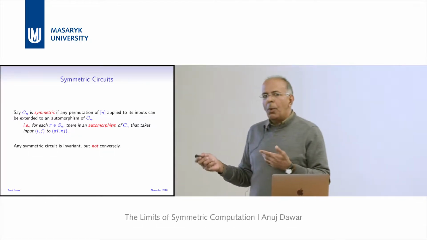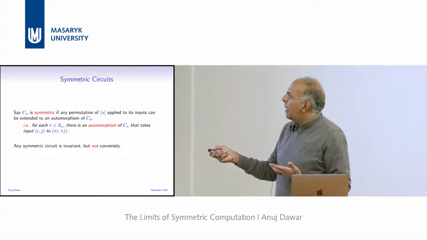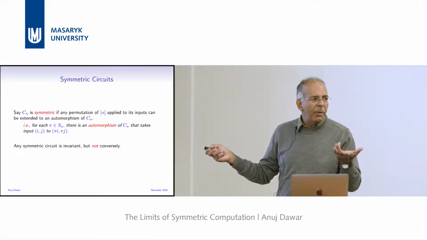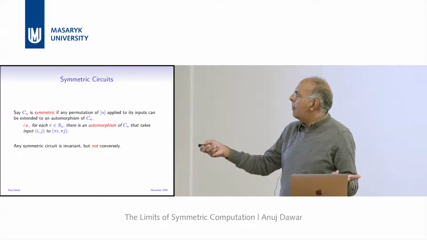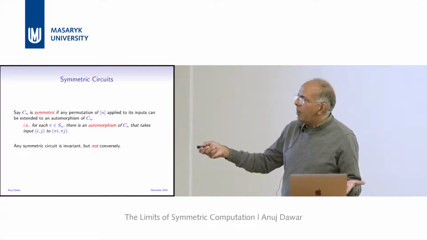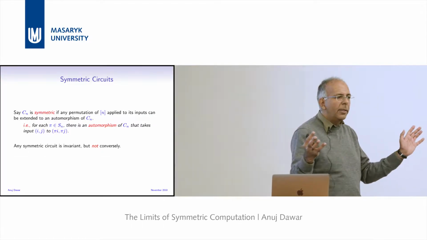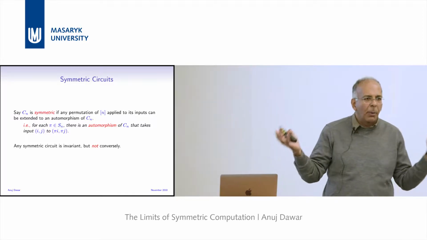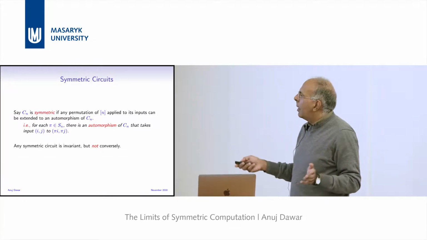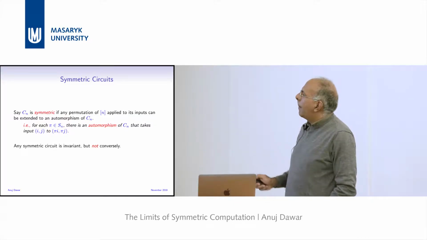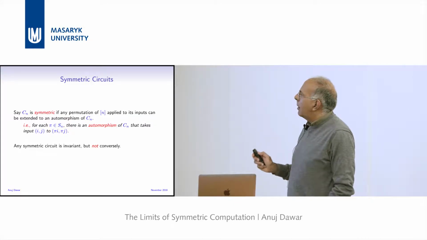And in fact, one of the things we showed was that when you have an isomorphism invariant graph property, it's decided by an invariant circuit. It can also be turned into a symmetric circuit, but converting it again possibly requires a blow up in the size, just like with the monotone. That's one of our results.